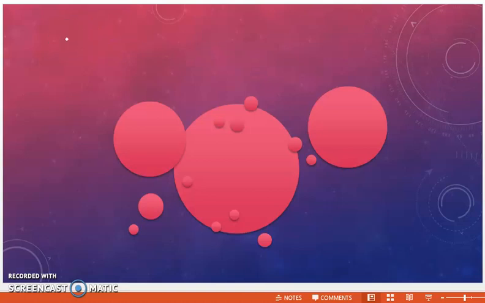So we are to calculate the energy of the initial state and the final state of an electron, and then determine the wavelength of the radiation emitted. So let's have the solution.